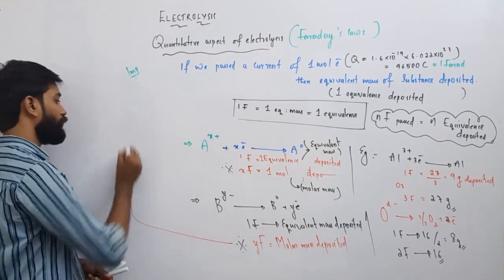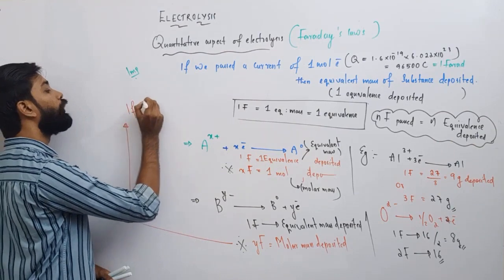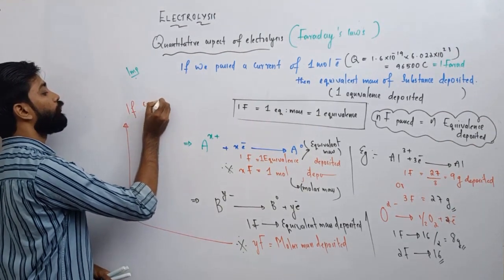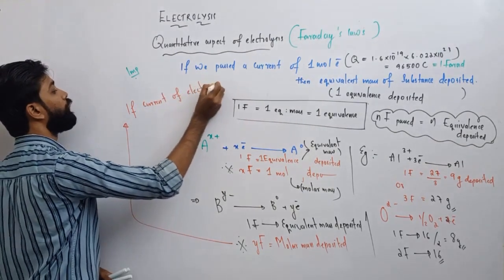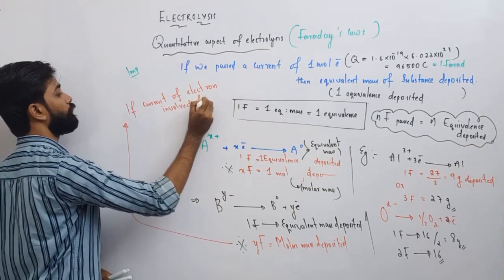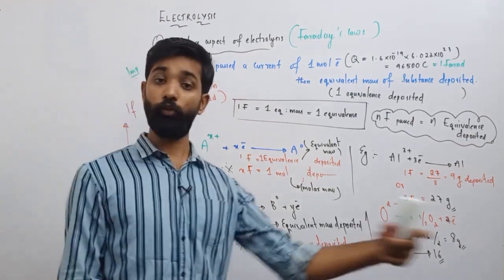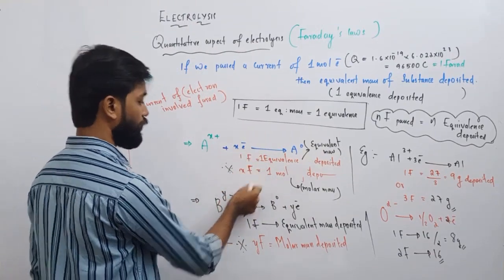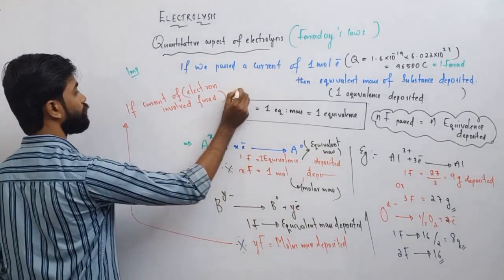Let me define the most important point from here. If the current of electron involved faraday is passed: here the electron involved is X, so X faraday; here the electron involved is Y, so Y faraday.